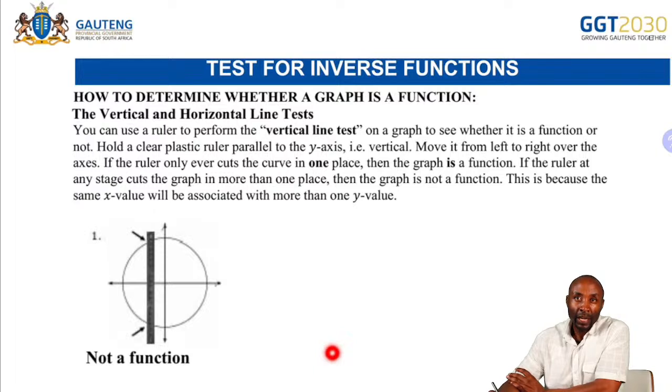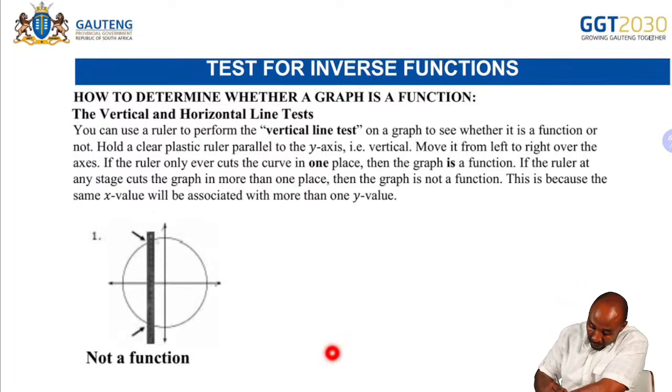If it intersects more than one part of the graph at any given point, then it means it's not a function.